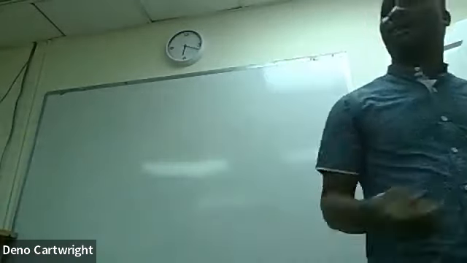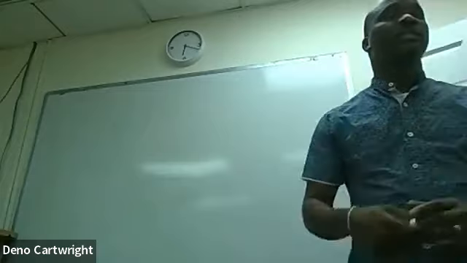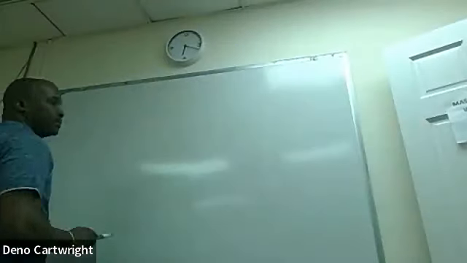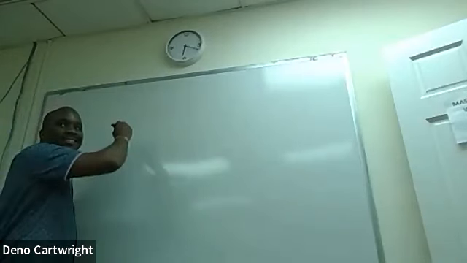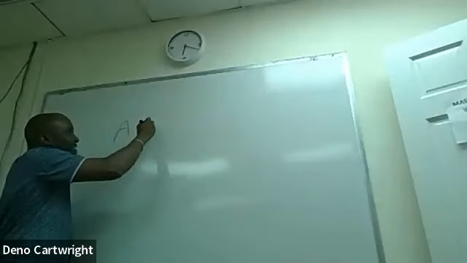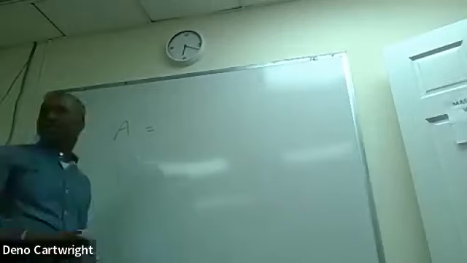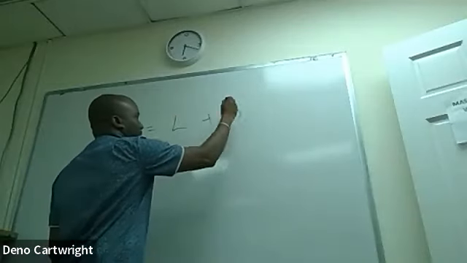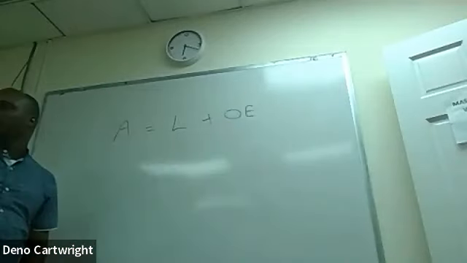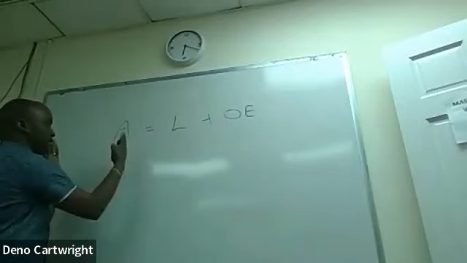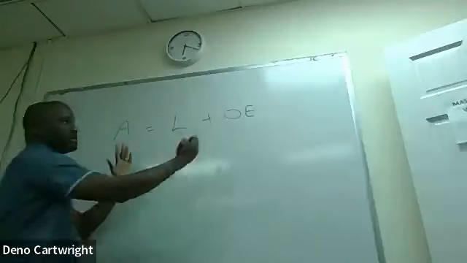Does anybody know the accounting equation? Assets equals liabilities plus shareholders' equity. Right? So essentially what the balance sheet shows is how this balances to this.